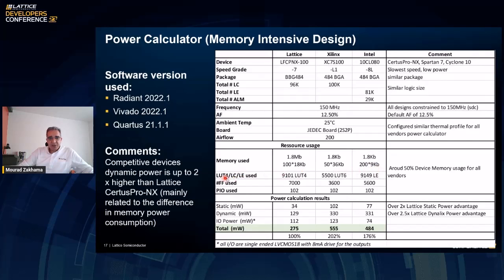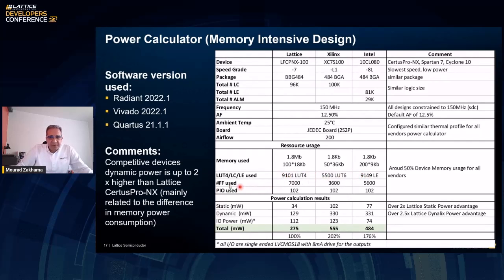And in terms of lookup tables or logic cells, logic elements, a very comparable number of resources. 5500 is the LUT6 usage, but the factor they use to generate the logic cell equivalent is 1.6. So if you multiply that number by 1.6, you should end up around 9,000 lookup tables.